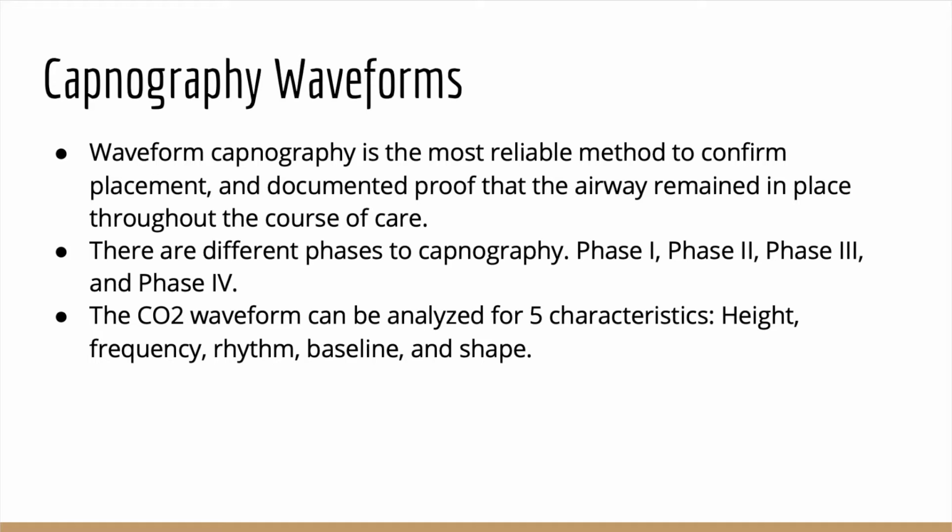There are 5 different characteristics to a CO2 waveform: the height, the frequency, the rhythm, the baseline, and the shape. It is the most reliable method to confirm placement and documented proof that the airway remained in place throughout the course of care. So we use the waveforms for documented proof of that.